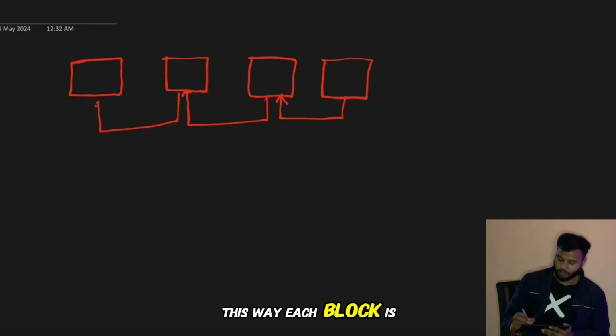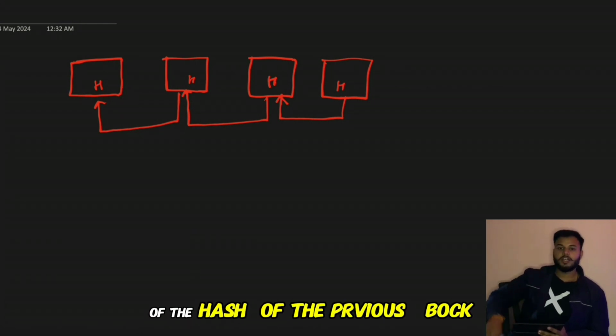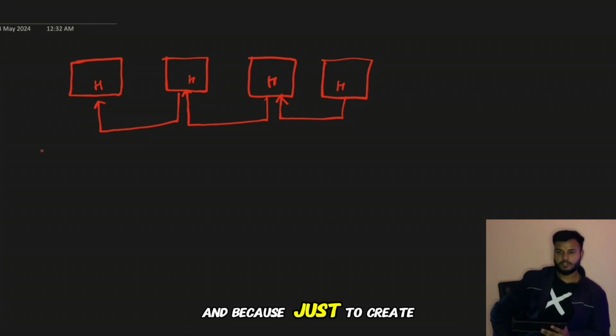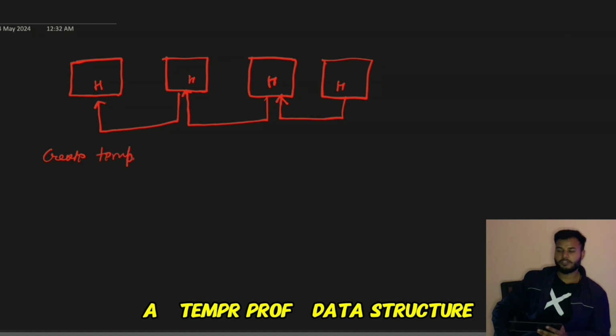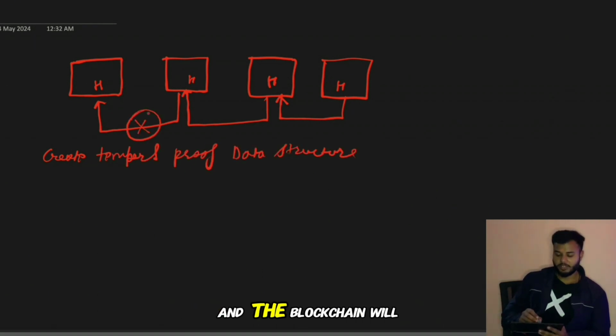In this way, each block is connected. And why are we linking the hash of the previous block? Just to create a tamper-proof data structure. Because if any of the data is modified, the hash will change, and the blockchain will break from that part. As you will be able to know if somebody is trying to hack the blockchain.